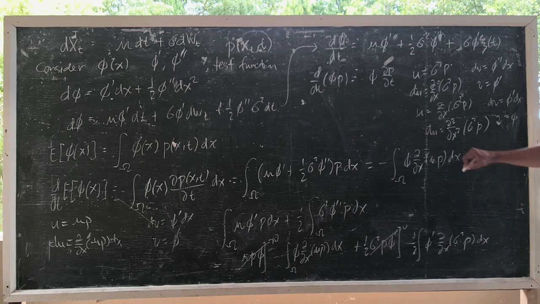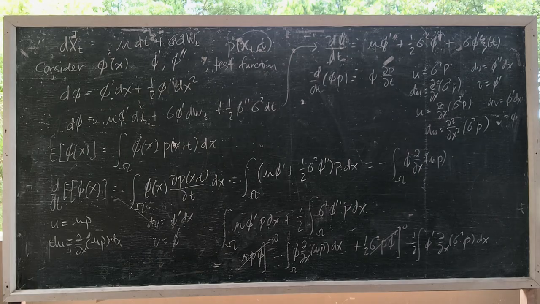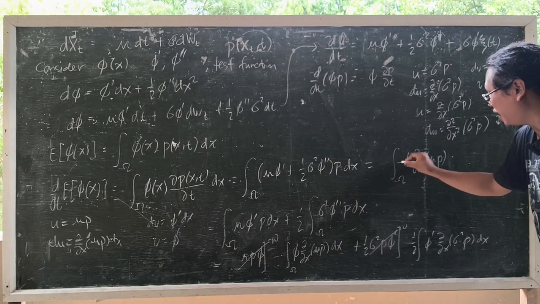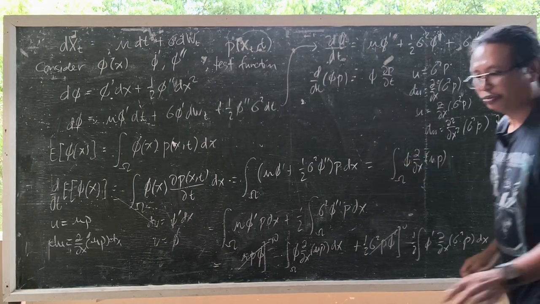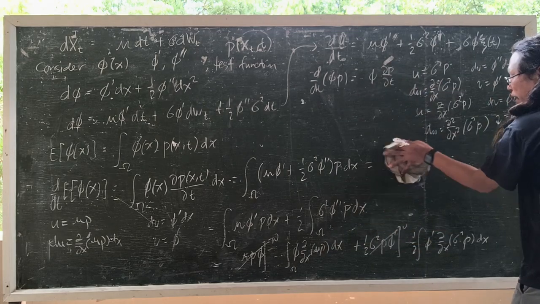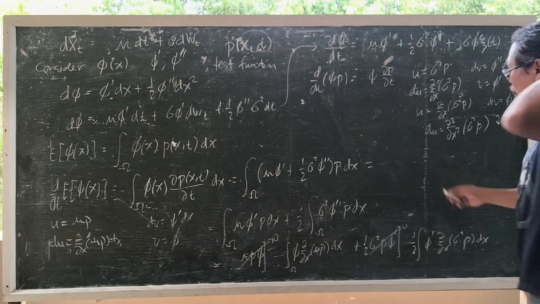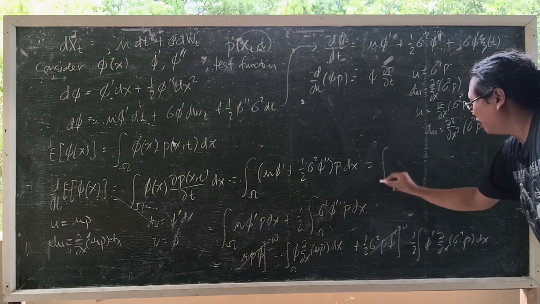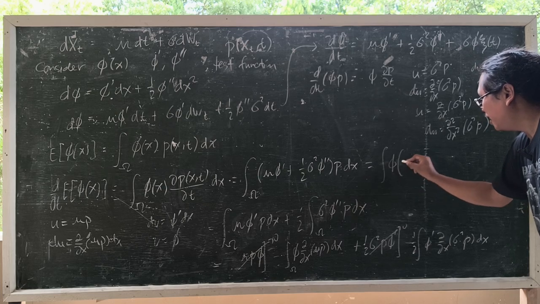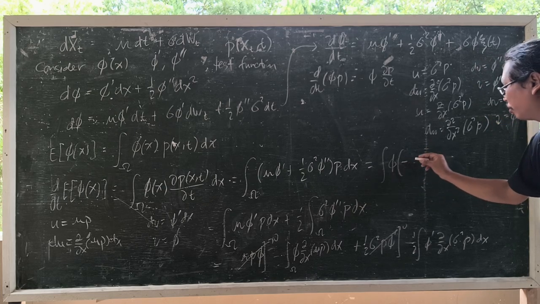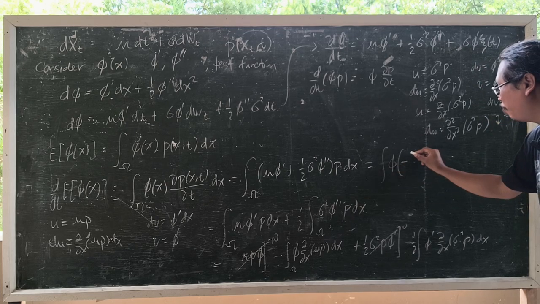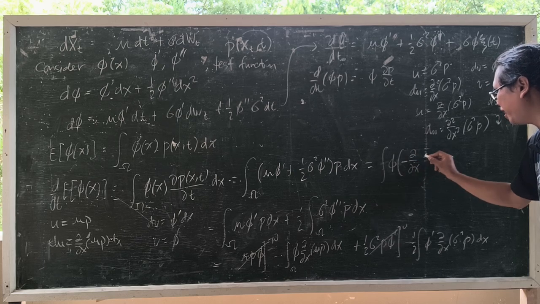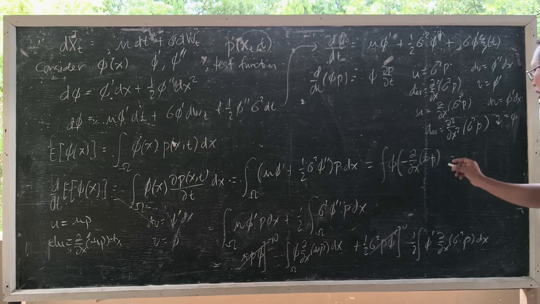This is negative. Factor out the phi. This is phi times the integral of minus d over dx of mu p.